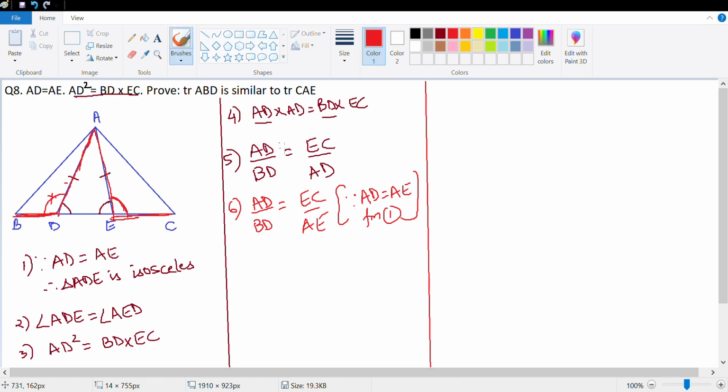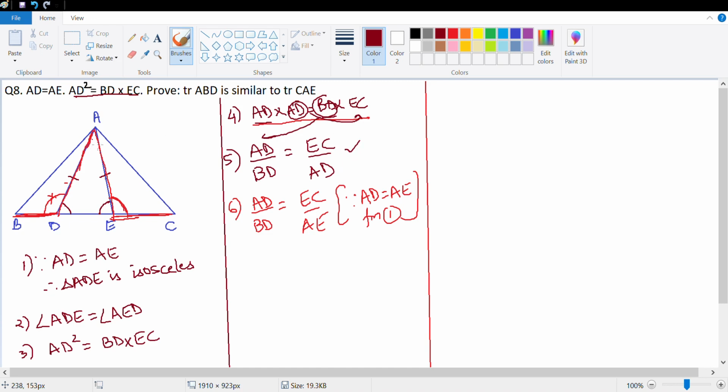Let's relook at what we've done. What was given was AD into AD is equal to BD into EC. I rewrote this in the form AD upon BD is equal to EC upon AD. I just took this here and AD here. Why? Because we've been writing the proportion in the fraction form.